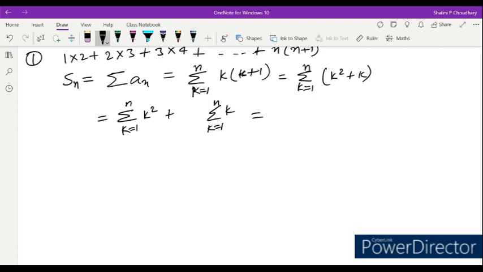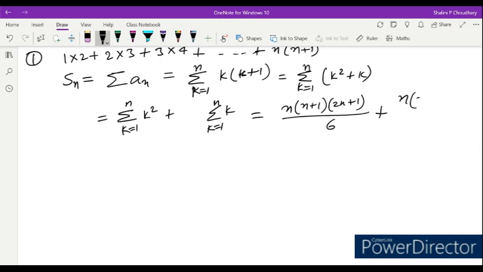And what is the value of the sum of squares of n natural numbers? That will be n into n plus 1 into 2n plus 1 divided by 6. And for this one, what will be the value of the summation of the first n natural numbers?